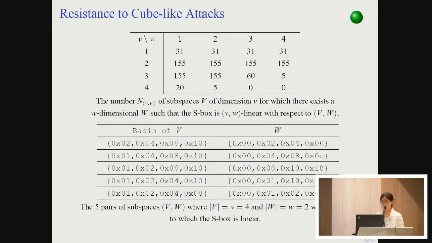So given an S-box, Pagan will evaluate the VW linearity of the S-box and output a table like this. It shows the number of subspaces V of dimension v such that there exists a w-dimensional W such that the S-box is VW linear, and also outputs all the subspace pairs VW.